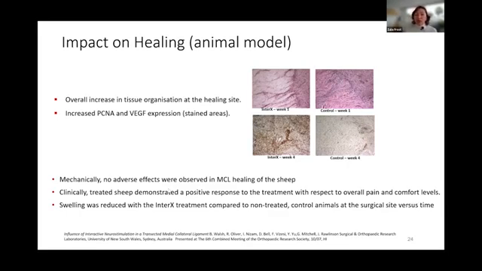Sheep were used, and they measured how much collagen forms, and they looked at how many new blood vessels grew. So you could see InterX week 1, you already have collagen aligned. Control, very poor formation of collagen. So repair, fibroblast and everything.